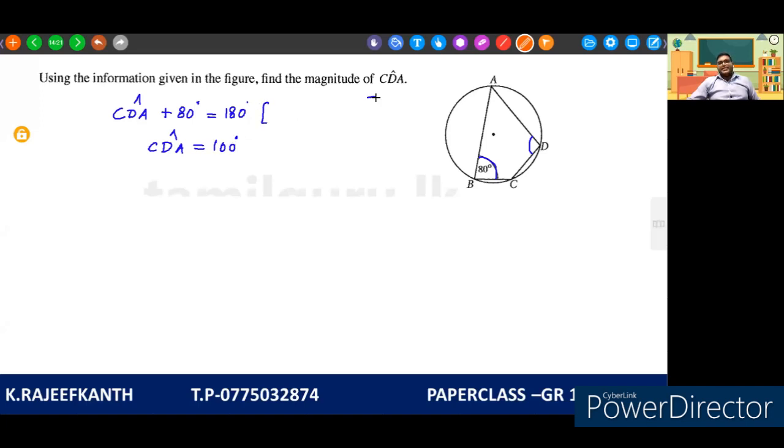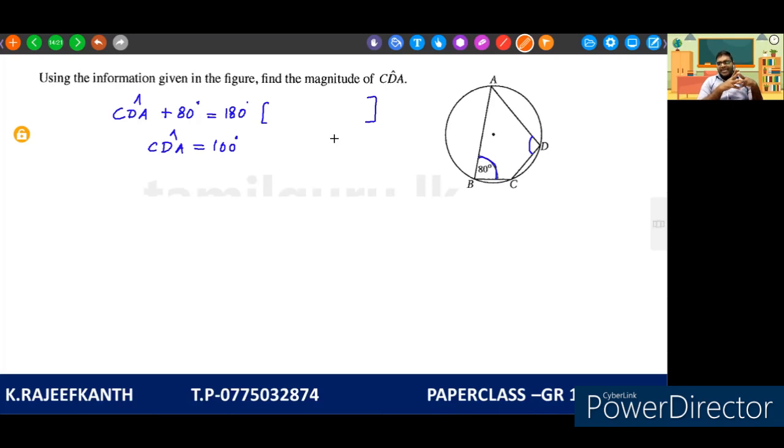So here you can write, because ABCD is a cyclic quadrilateral. When you are writing the steps, you have to write this reason also. That is the better way to express the answer. Whether marks are given for it or not, no problem. So you have to write the reason also.